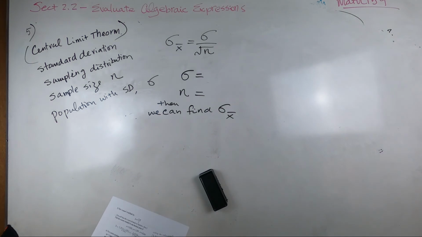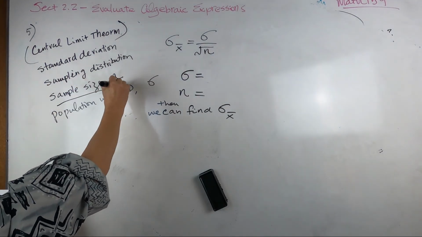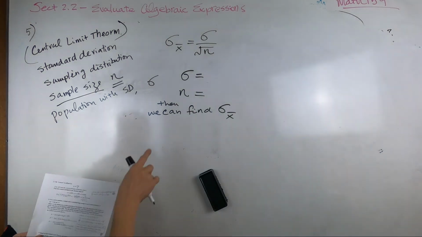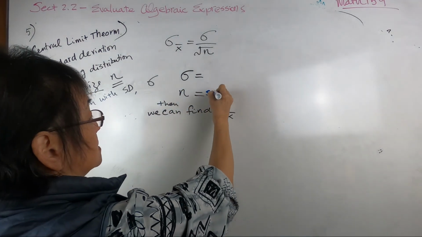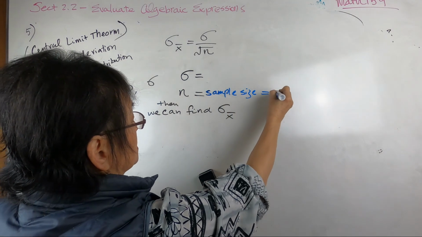If you look at the sampling distribution for samples of size 35, sample size is n, right? So it says the sample size is 35. So you know your n is the sample size, which is 35.